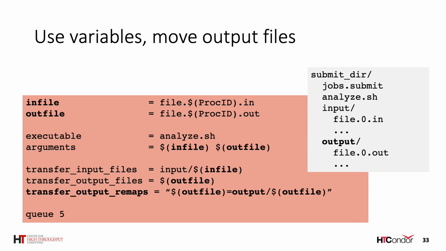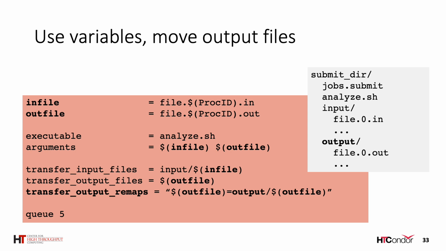And finally, it's not always clear to people that you can use variables outside of the queue statement as well. So in this example, I've used queue N to generate my list of values. So I'm going to use the list of integers to create my jobs. But I want to use the ProcId value to create the in-file and out-file options you see at the very top.